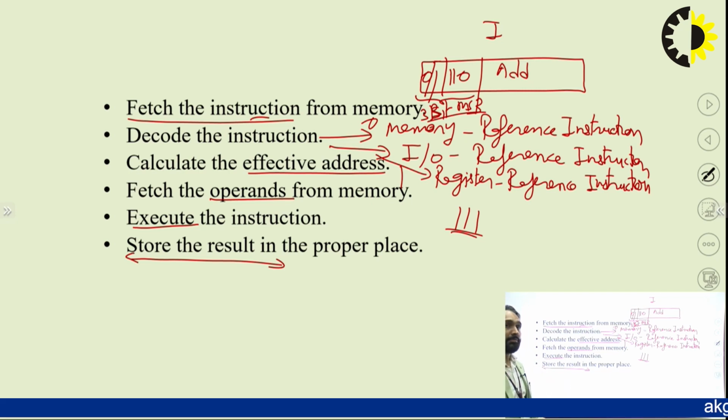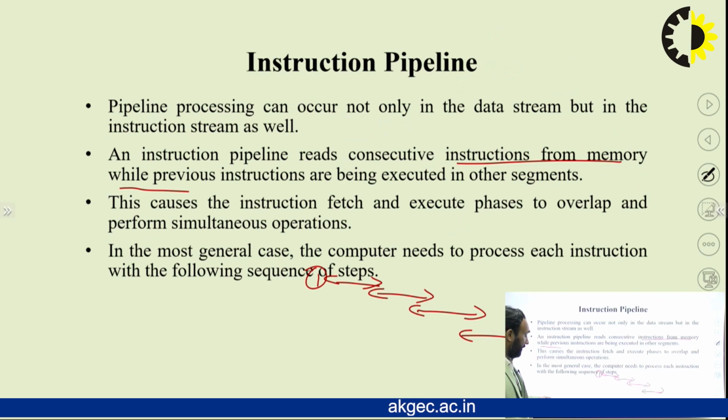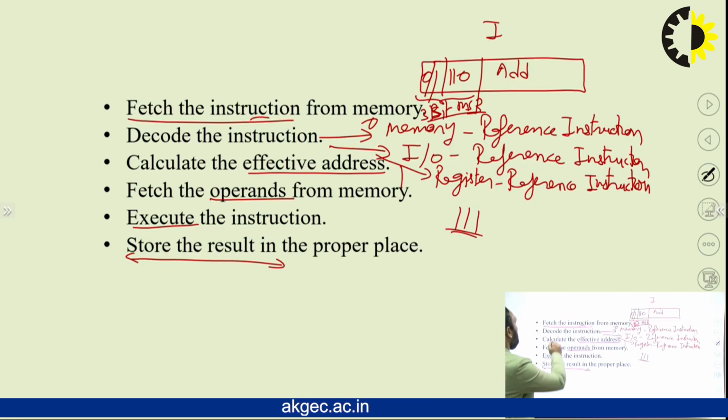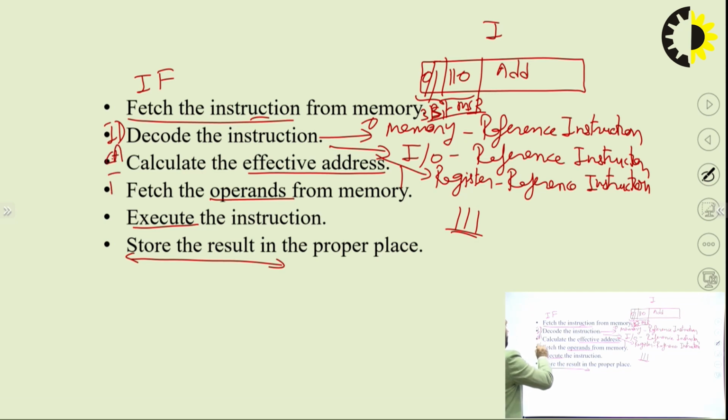These are the basic steps, or the classification of an instruction pipeline into substeps: instruction fetch, instruction decode, calculate effective address, fetch operand, execute instruction, and store result. These are the 6 steps an instruction contains during the execution process.